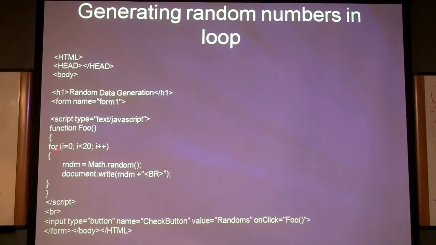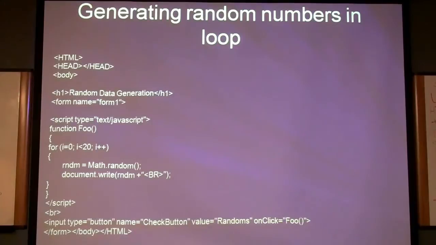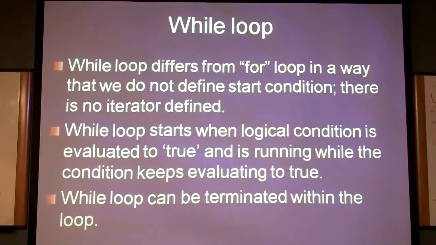Essentially, I'm going to say run these actions as many times as needed until I have 6 random digits between 1 and 51. That will be my logical condition. How many times it needs to run, I don't know. Maybe 10 times is enough, maybe 50 times is enough. It will be decided on the fly. That's a so-called case of the while loop.